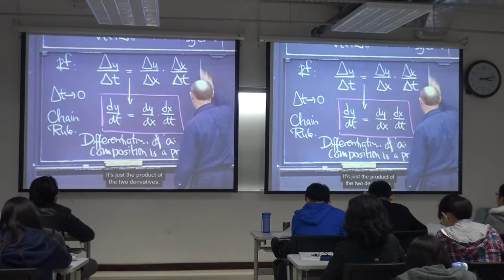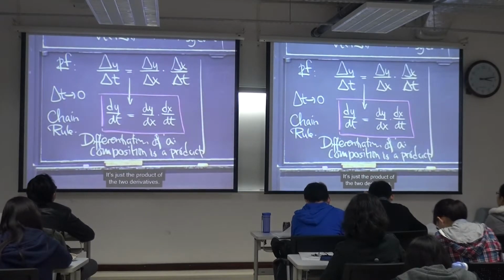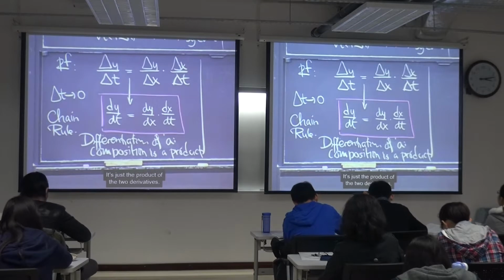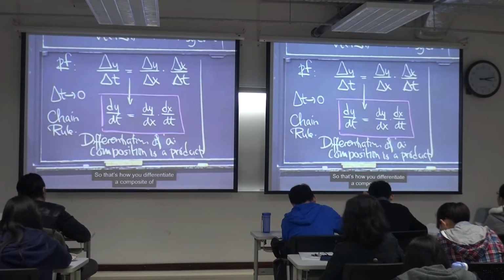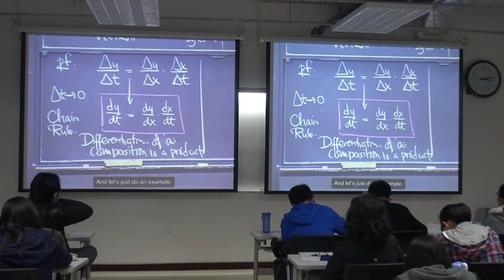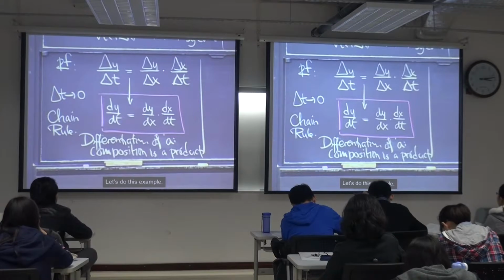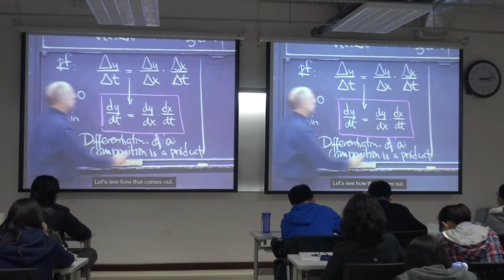It's just the product of the two derivatives. So that's how you differentiate a composite of two functions. And let's just do an example. Let's do this example. See how that comes out.